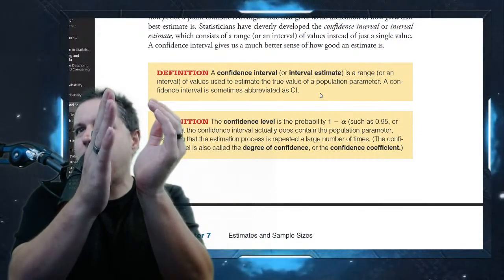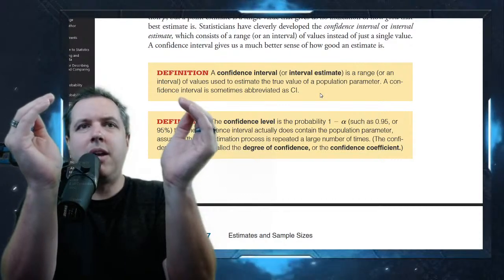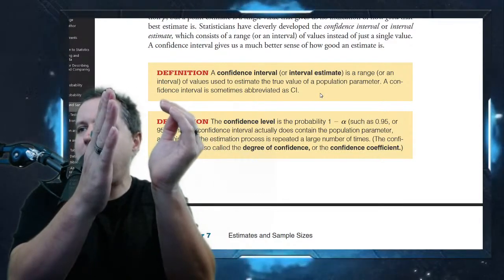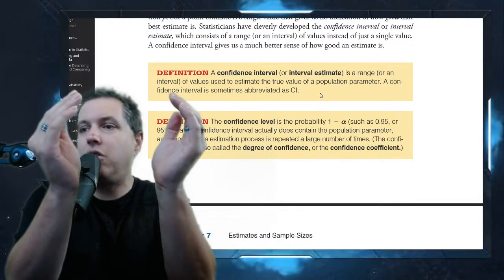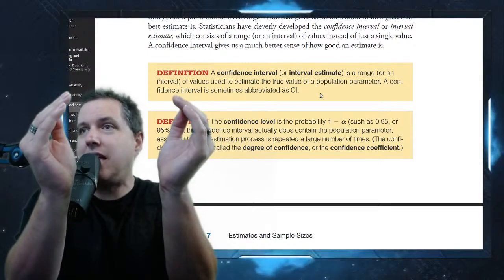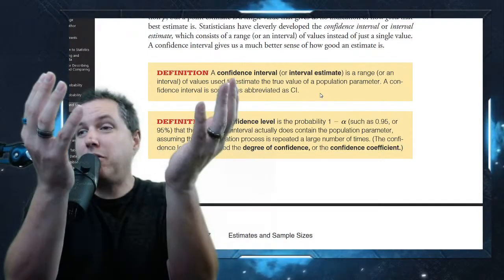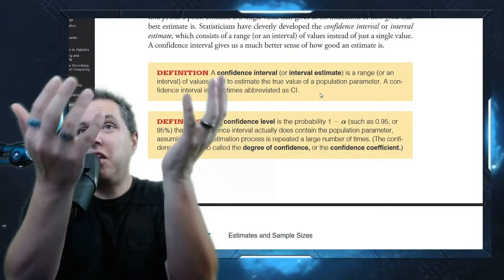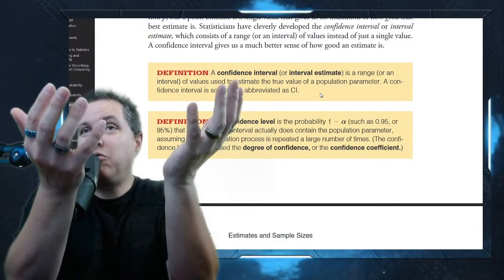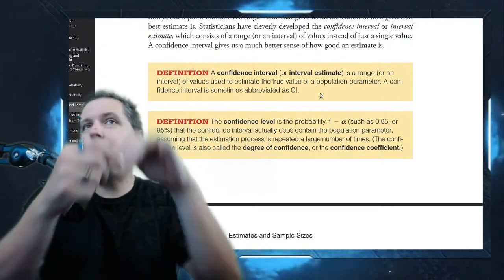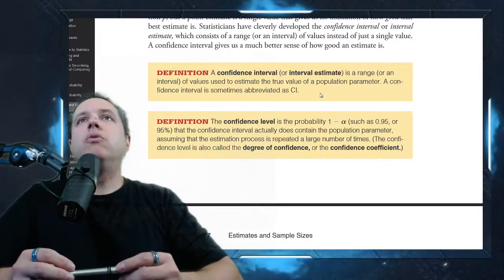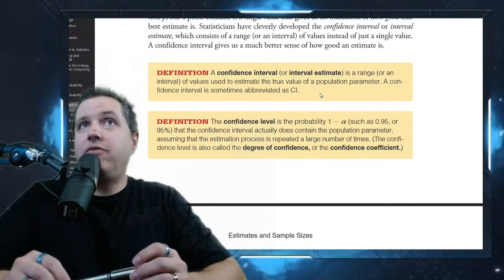I always see two or three students do that, where they're like, here's my interval, the thing in the middle should be my true value then, right? No, we don't know that. Just like we don't know that person's age between 19 and 24. We're pretty confident it's in there, but the person could be 22, 23, 24. Who knows, right? So you get a range of values.